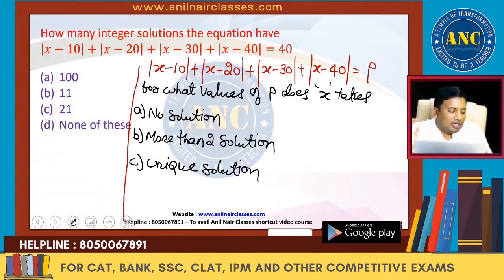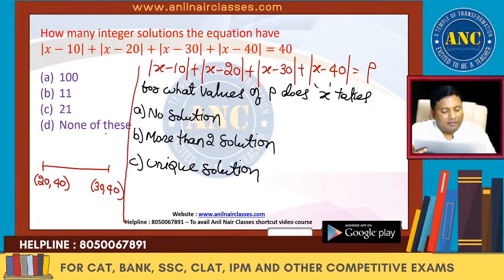Just now we have seen what the graph is. If x is 20, y is 40. If x is 30, y is 40. If x is 40, it is 60. If x is 10, it is 60.